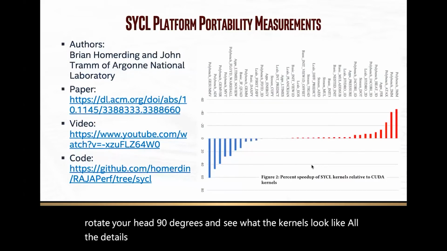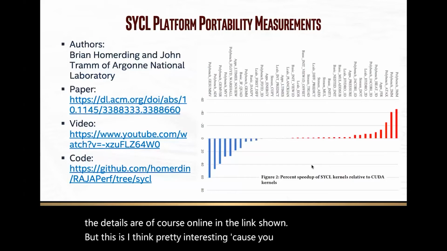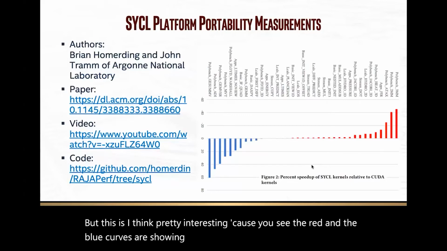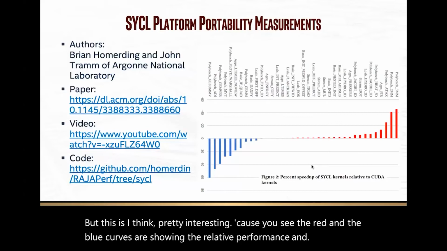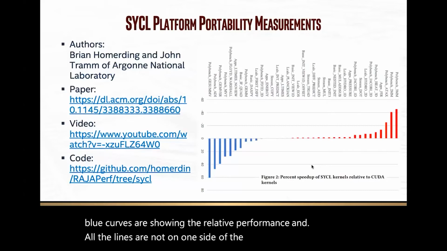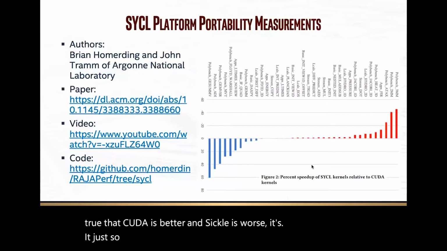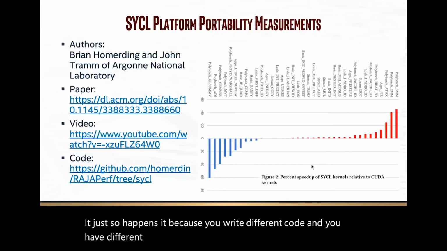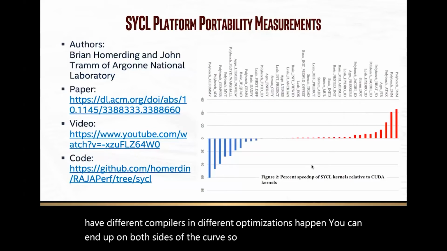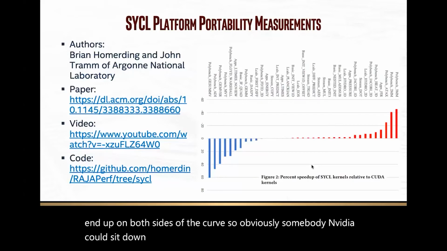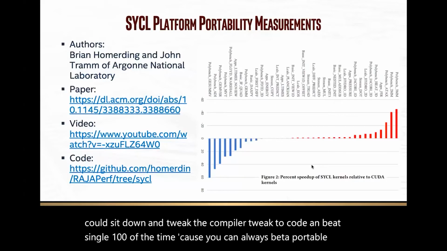But this is, I think, pretty interesting because you see the red and the blue curves are showing the relative performance, and all the lines are not on one side of the zero axis. So it's not universally true that CUDA is better and SYCL is worse. It just so happens that because you write different code and you have different compilers and different optimizations happen, you can end up on both sides of the curve. So obviously somebody at NVIDIA could sit down and tweak the compiler, tweak the code, and beat SYCL 100% of the time, because you can always beat a portable model with a non-portable model given infinite effort.